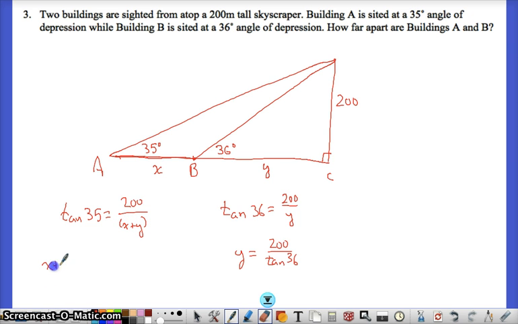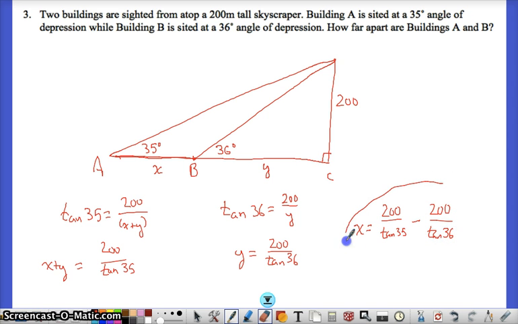So x plus y is really 200 over the tangent of 35. Their difference, if I take this one minus this one, I'll get it. I could write that in one step. This is 200 over the tangent of 35, because that's x plus y, minus y, and that'll give me x. So that's actually the exact answer for x.